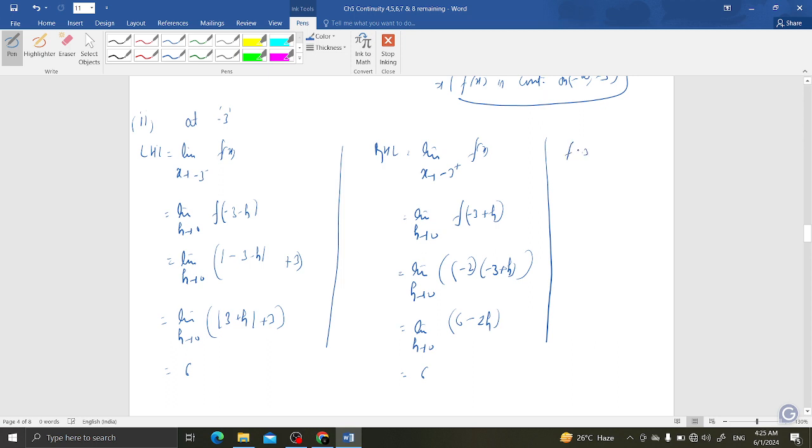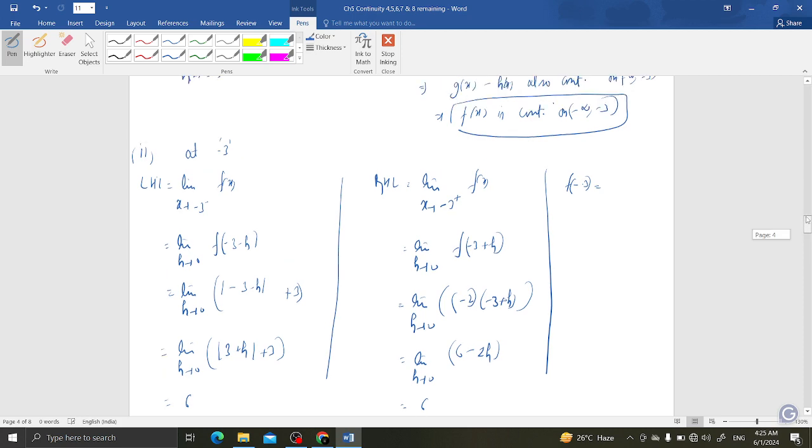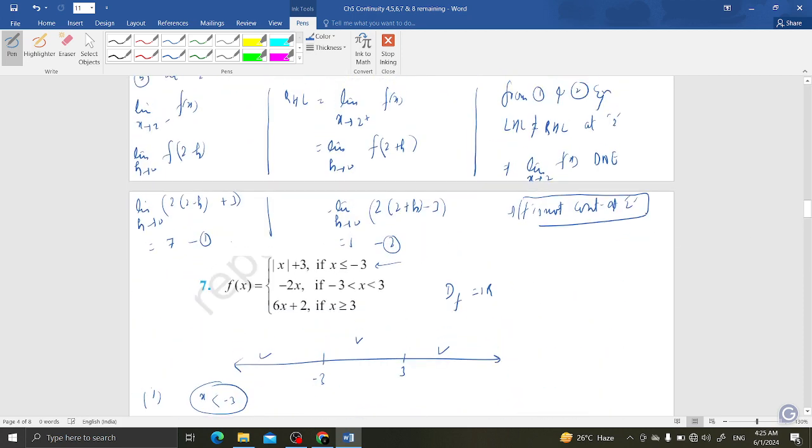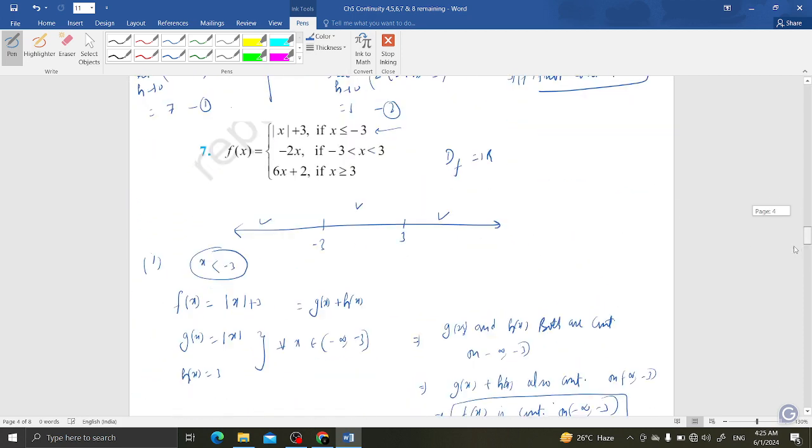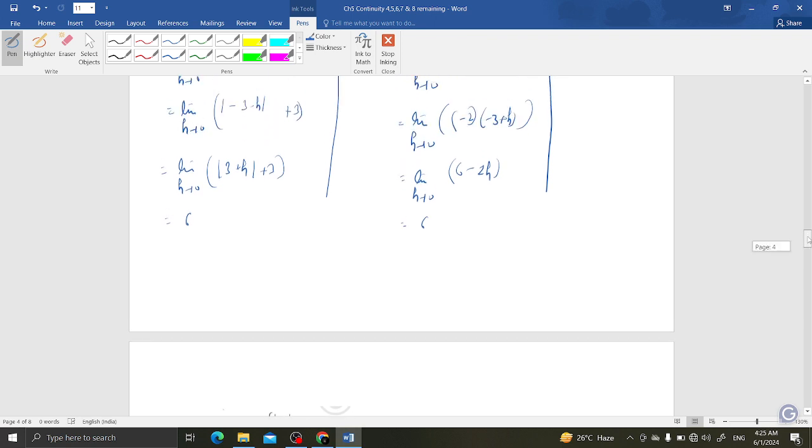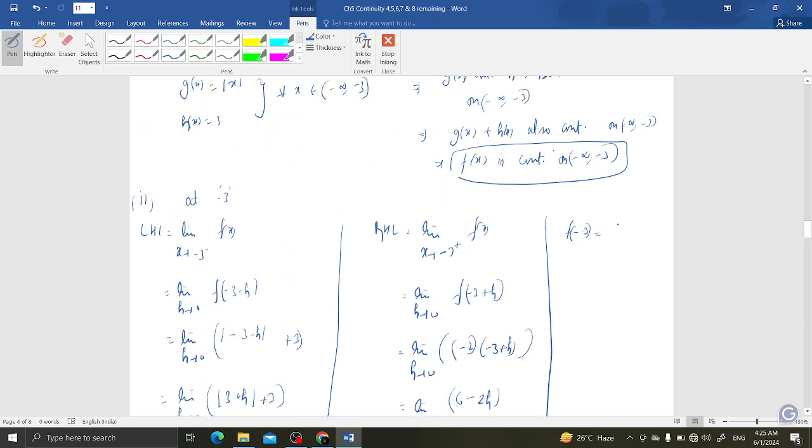Now f(minus 3), how can we find f(minus 3)? From the first branch or second branch? First piece or second piece? From the first piece, f(minus 3) is mod of minus 3 plus 3, and it will be 6.